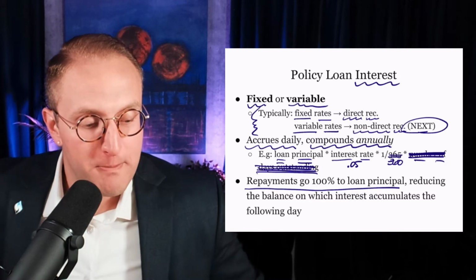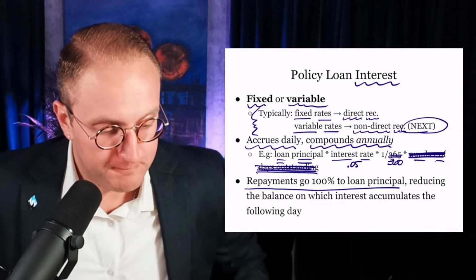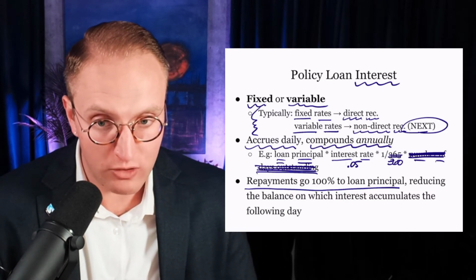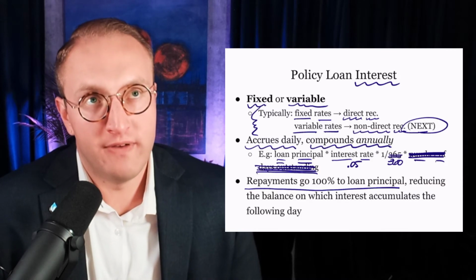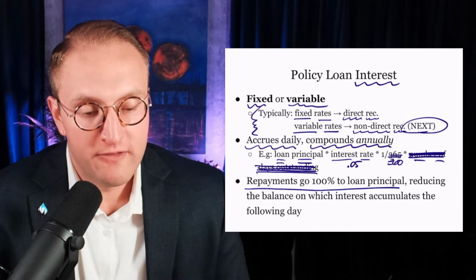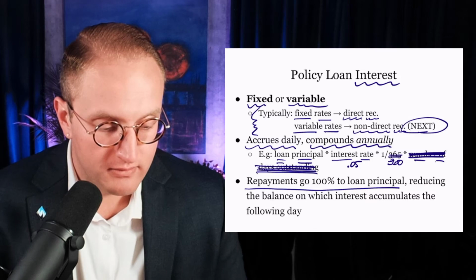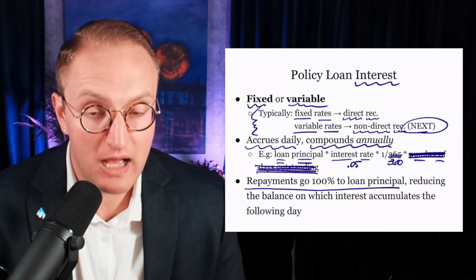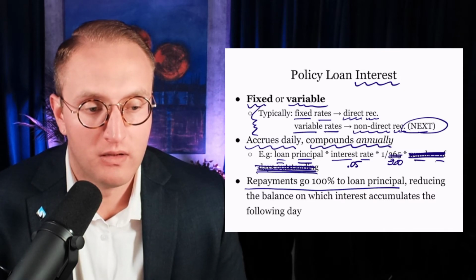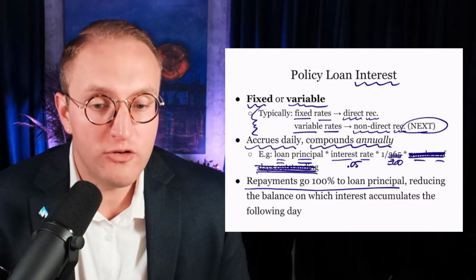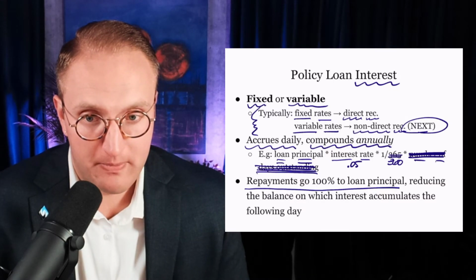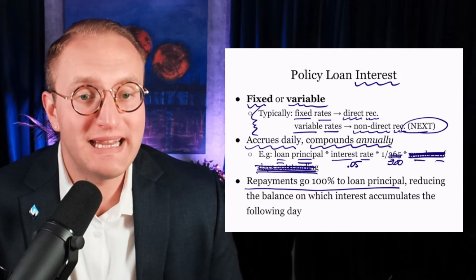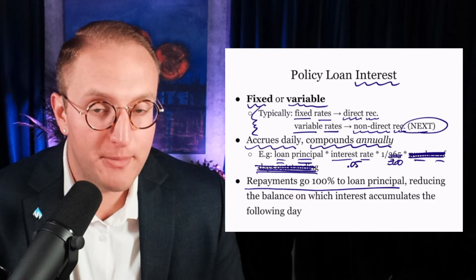Look, let me tell you this. Because your repayments go 100% to the principal of the loan, very often, I've got to be careful how I say this, if you do make repayments during a policy year, the volume of interest payments expressed as a percentage of what you borrowed will often be less than the nominal rate on the loan.